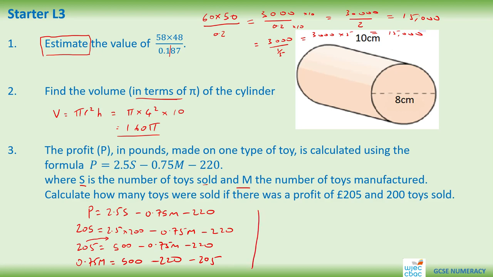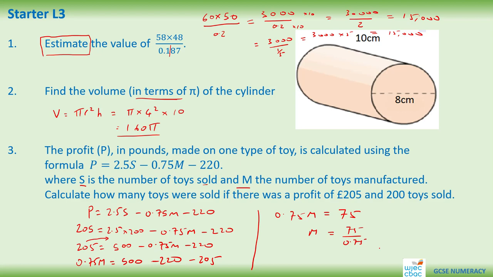So that means we've got 0.75m is equal to 500 minus 225 is 75. So m on its own is going to be 75 divided by 0.75.